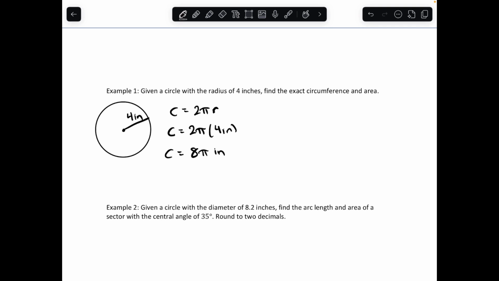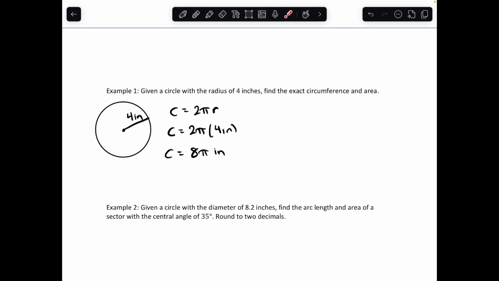Now, we're going to leave it like this instead of plugging this into our calculator. The reason is that we want the exact circumference. If we think about it, pi is a never-ending number, right? It's like 3.1415 and it goes on forever. Realistically, my calculator cannot hold all of those infinite digits.